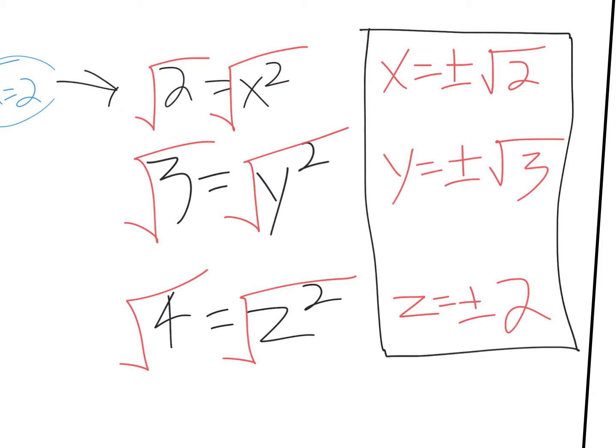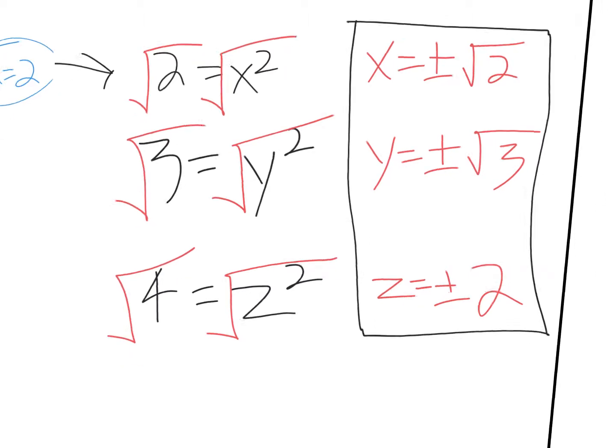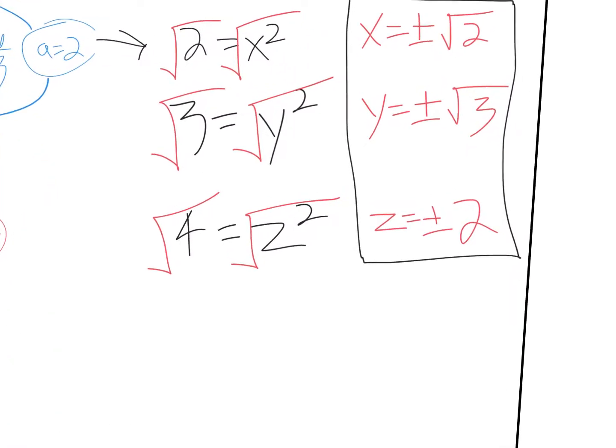I say ordered triples because technically what you're supposed to do is write multiple ordered triples going through all the combinations you can make. So for example, if x equals the positive square root of 2, there could be a solution with a positive square root of 3 and then a positive 2 for z.